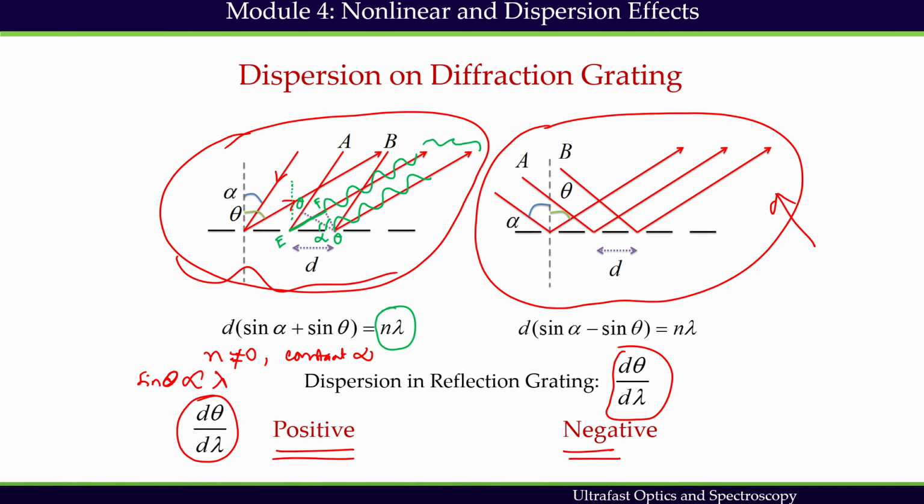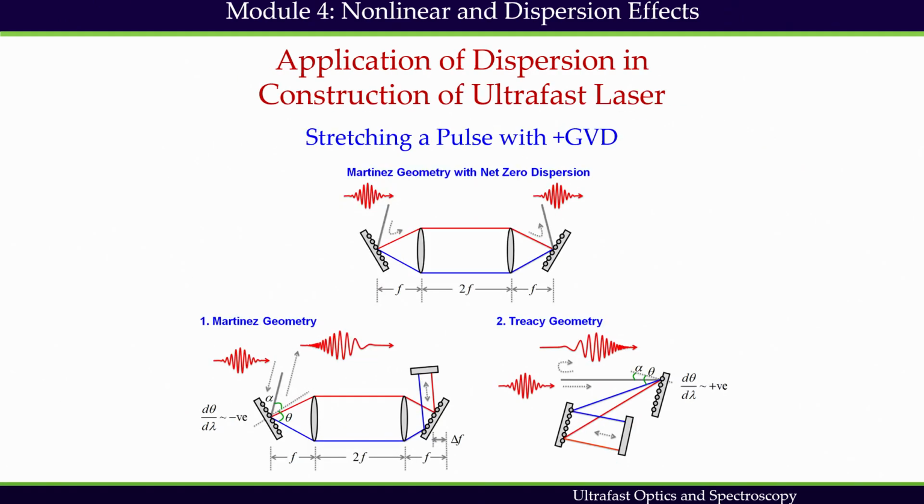So with this idea, one can stretch a pulse, and we'll discuss this stretching part when we discuss the construction of an ultrafast laser system, but we can quickly take a look at it. In the stretching part, one can think of having two gratings facing each other and two lenses, and the gratings are placed at the focal points of these lenses.